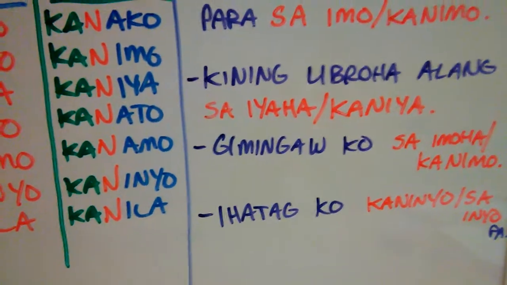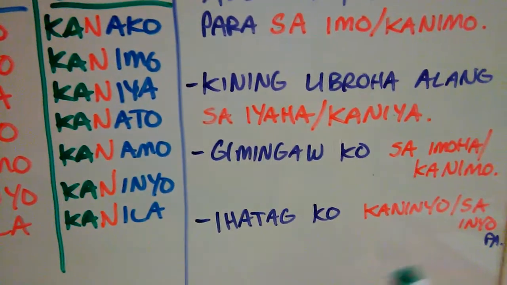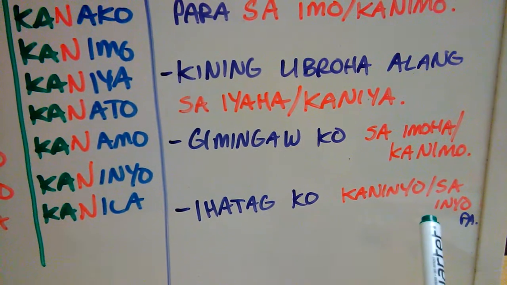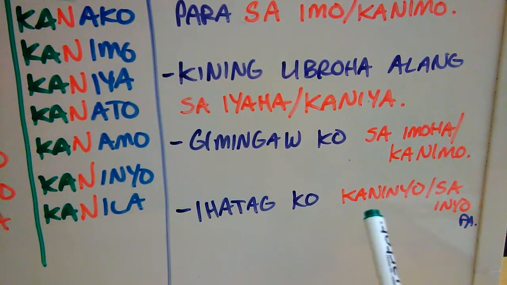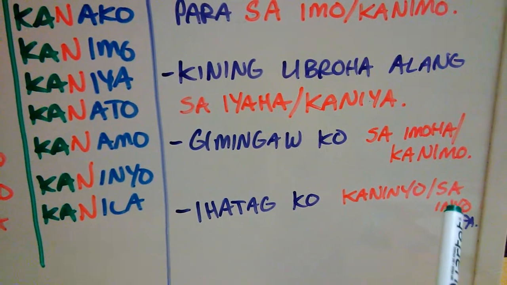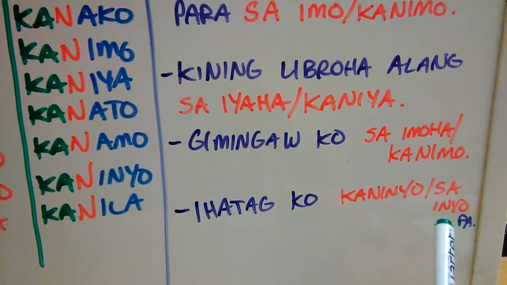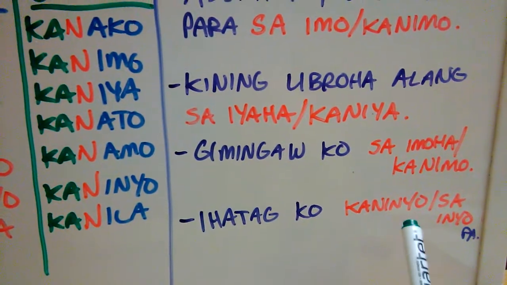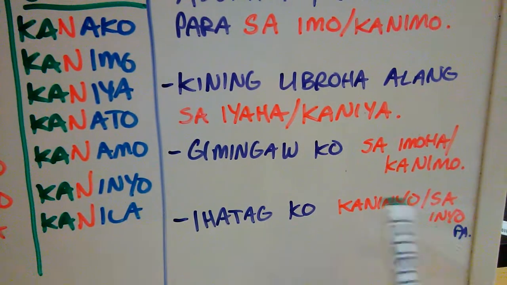And again, this is the object of our transitive verb, because they're the ones receiving the action. That's why it's ergative right here. The ergative is the object of the transitive verb, but kaninyo is also the oblique receiving the action. So that's why they're interchangeable.